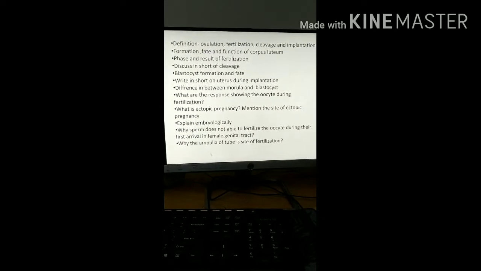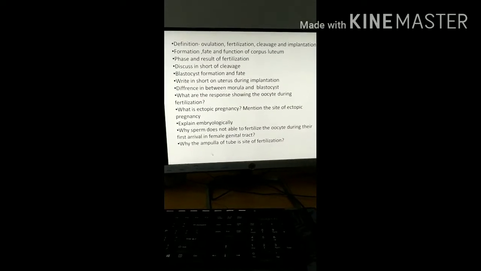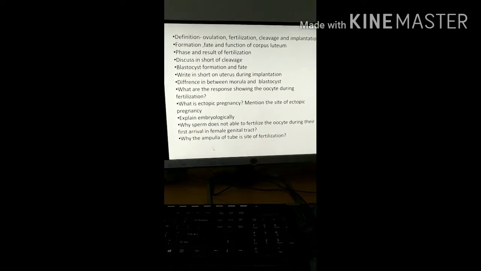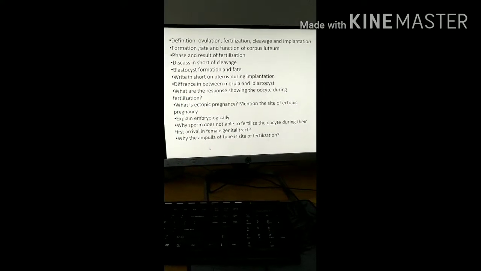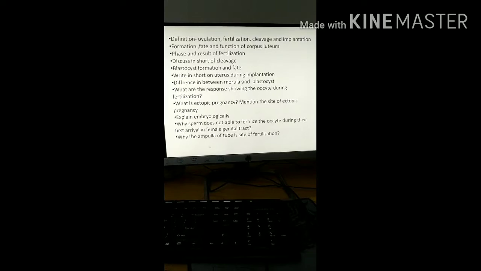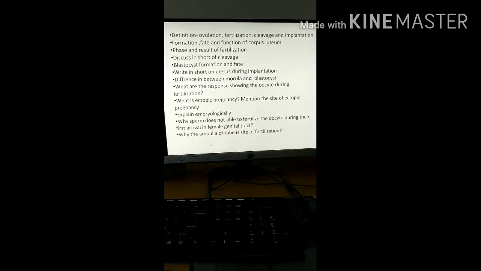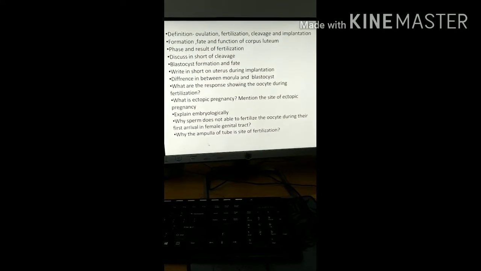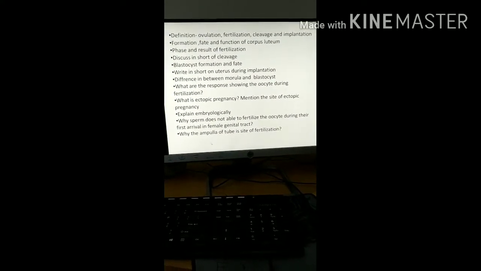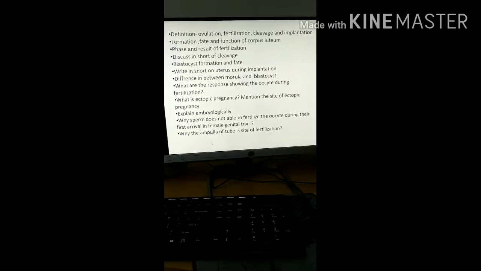For these two questions, you should practice the figure of fertilization, the phases of fertilization, and also the figure of cleavage. Now, blastocyst formation and the fate of the blastocyst also include the figure. Write in short the condition of the uterus during implantation.